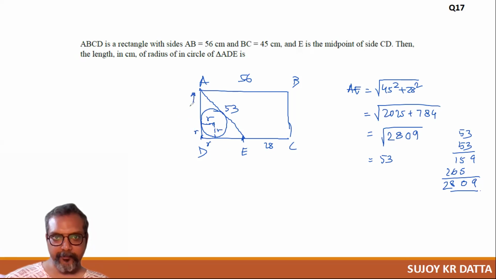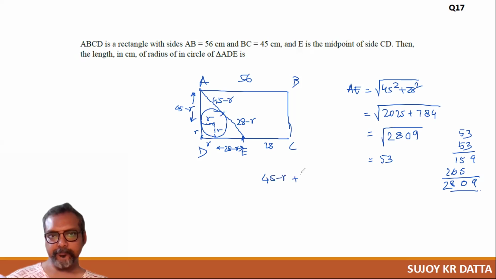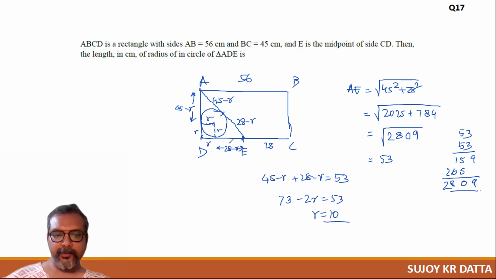So this would be 45 minus R, and this would be 28 minus R. From the same point, tangents are equal, so this is 28 minus R, and that's 45 minus R. These two together must be equal to that 53, the hypotenuse. So 45 plus 28, 73 minus 2R is 53. So 2R is 20, R is 10. So that's the radius. Let's go to the next one.